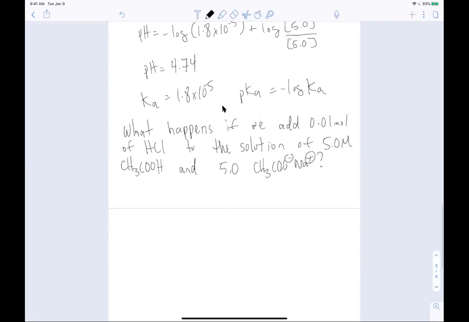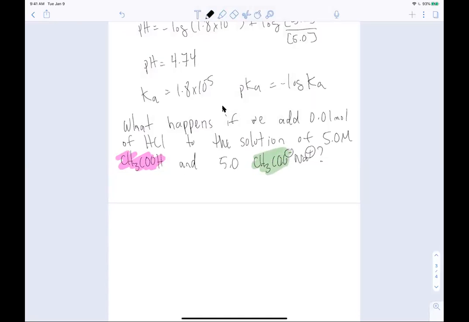Okay, so how do we do this? I'm just trying to cue your brain in, that we have this acid-base conjugate pair here. So we know we're working with a buffer. And so if you're trying to understand how the pH changes for a buffer solution, we're adding in something.